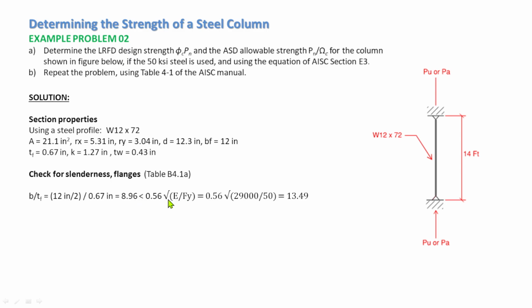We will check this against the requirement: 0.56 times the square root of 29,000 over 50 KSI is equal to 13.49, which is greater than our ratio. Therefore, our section has a non-slender flange element.